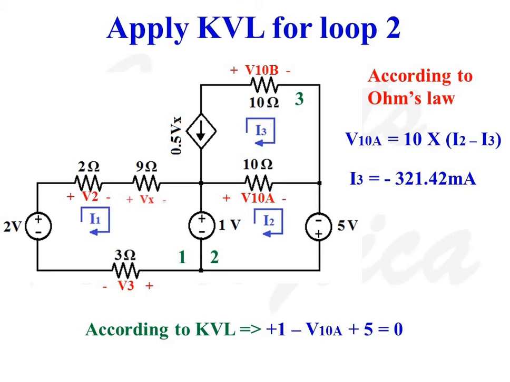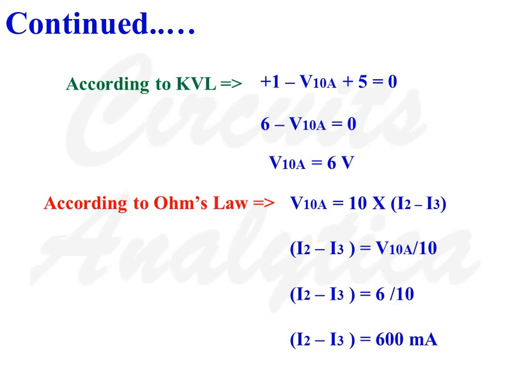When we consider the independent voltage source 5 volt, as we move from negative potential to positive potential, this voltage source should be taken as plus 5. So according to KVL, plus 1 minus V10A plus 5 is equal to 0. 6 minus V10A is equal to 0.